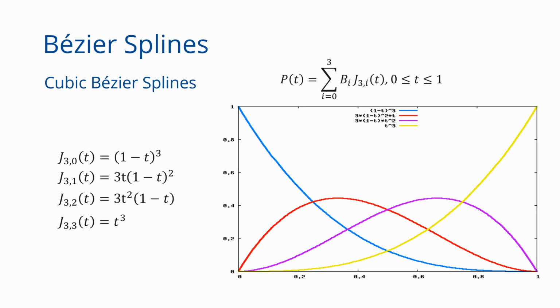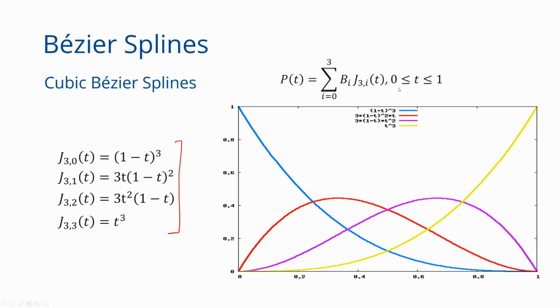Corresponding to the 4 control points, you will have 4 basis functions, J30, J31, J32, J33, and they will have this form. Each one of them is a cubic polynomial, which is not surprising because the degree of the Bezier spline has to be 3. And if you plot them, you can immediately figure out certain properties of the Bezier spline.